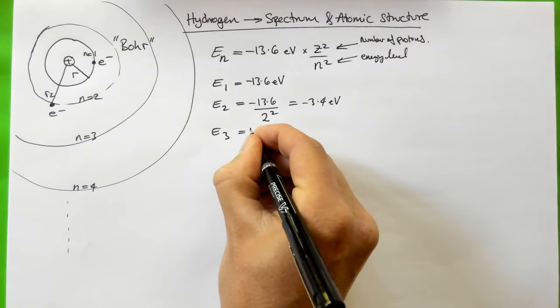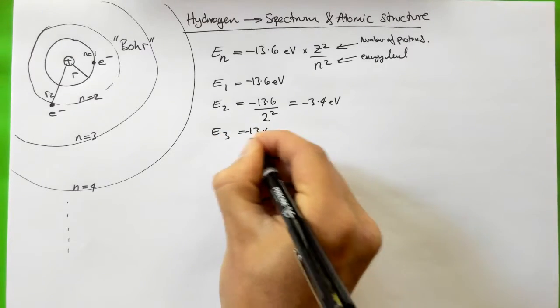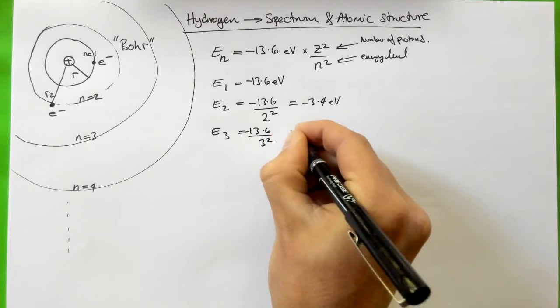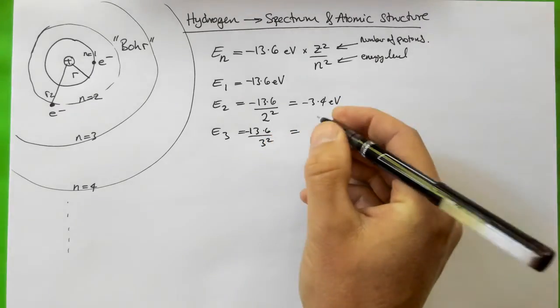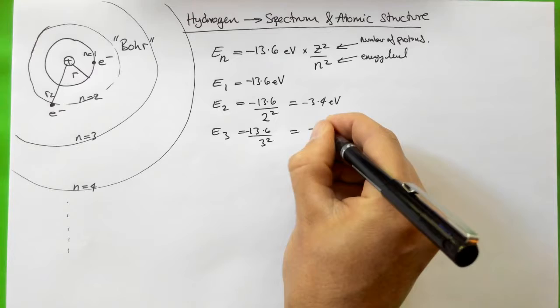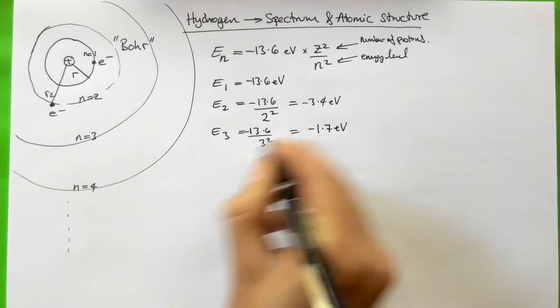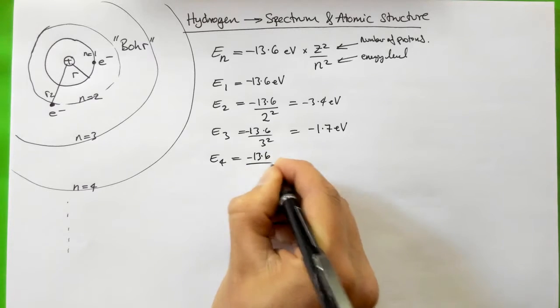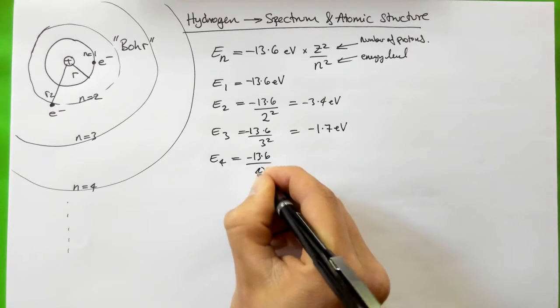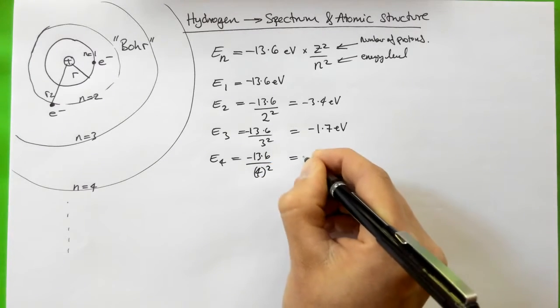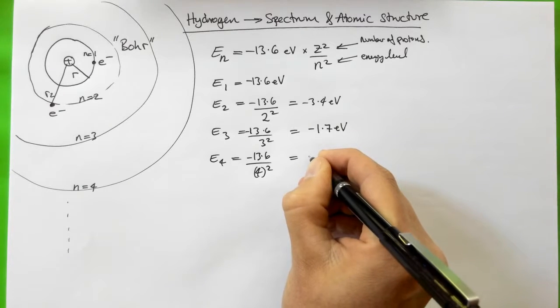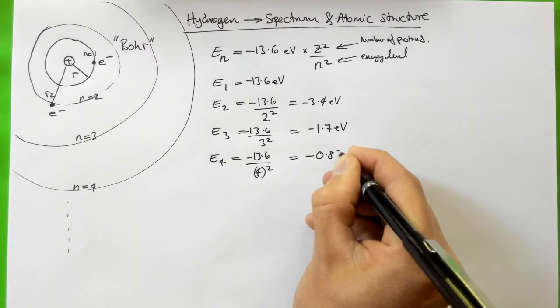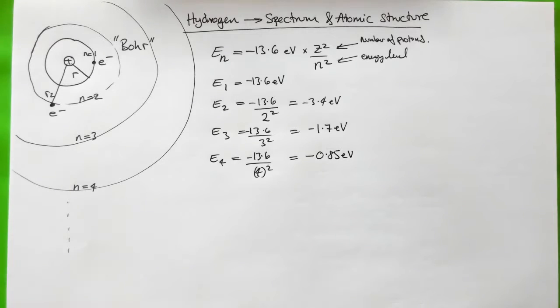E3 is minus 13.6 divided by 3 squared; 3 squared is 9, so this gives us minus 1.7 eV. And we'll probably stop at the next one. E4 is minus 13.6 divided by 4 squared; 4 squared is 16, so 13.6 divided by 16 is minus 0.85 electron volts.